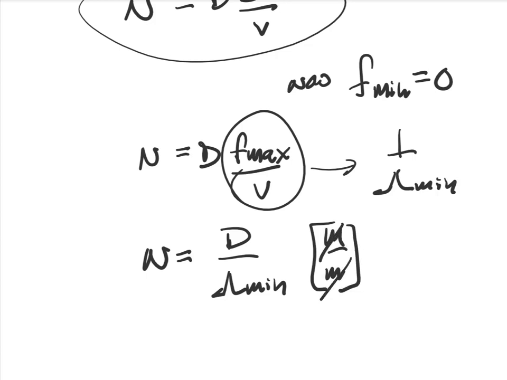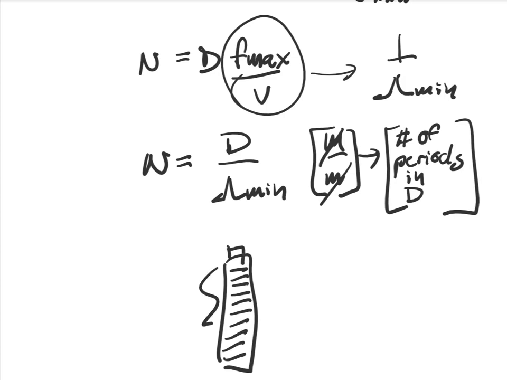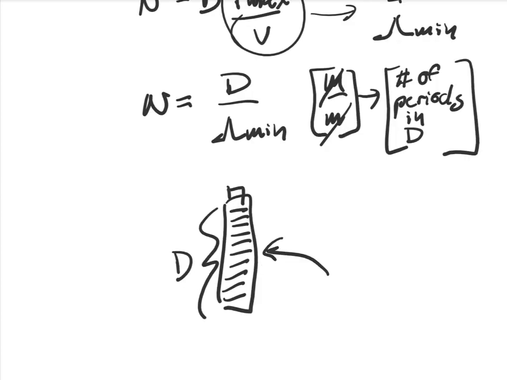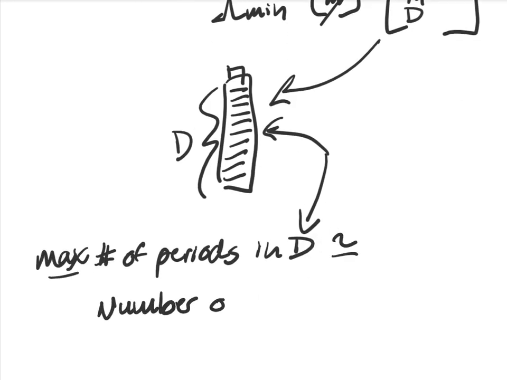That's meters over meters. The units here are actually just number of periods, specifically, the number of periods in the aperture. So if we take a look at the AOM, what we're saying is the number of scannable angles, or the number of scannable points of an acousto-optic modulator, is approximately equal to the number of periods that fit in the aperture.